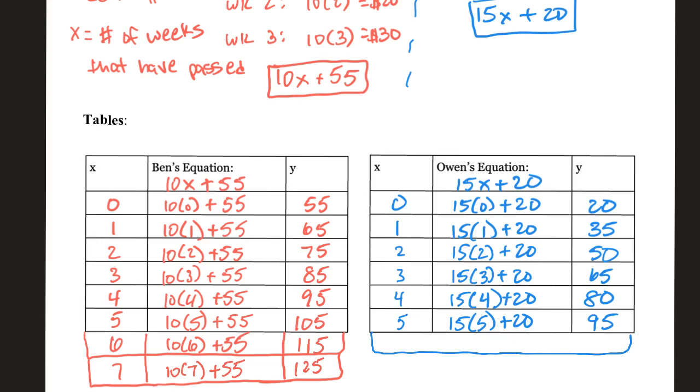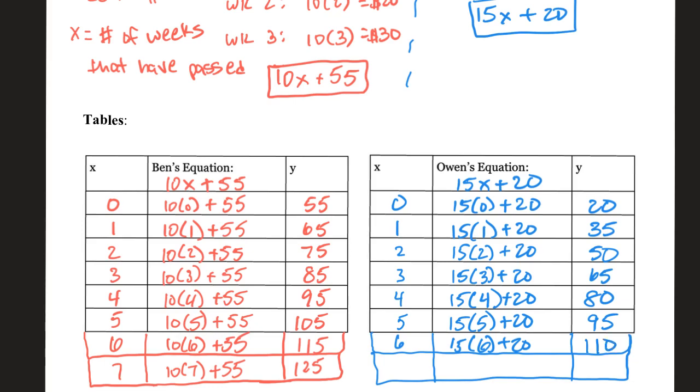So we got Owen over here. So 6, and this time with Owen, I'm not doing any math either because I know that Owen is increasing by $15, which is exactly how much Owen is saving each week as well. So 95 plus 15 is 110.